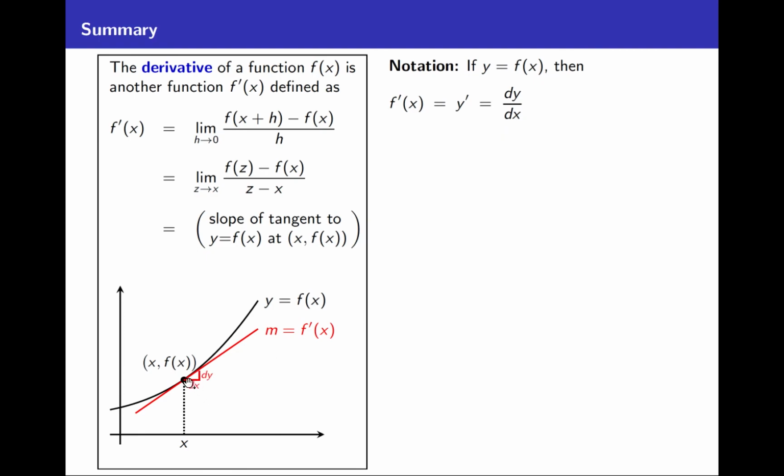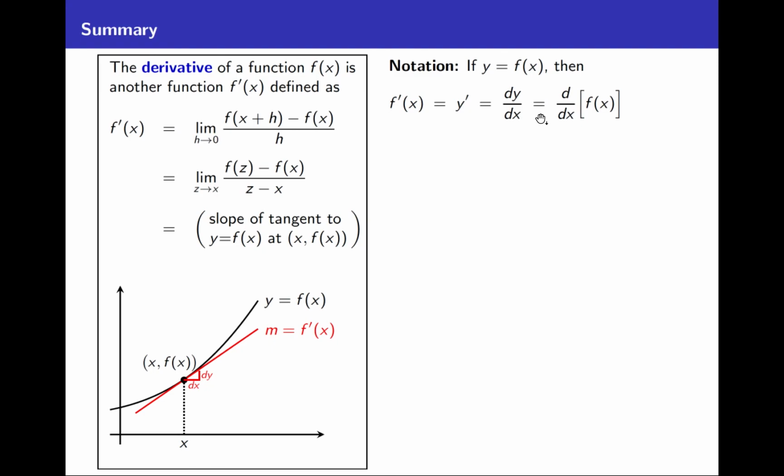If you imagine making a little rise over run triangle for your slope, for your tangent, and call the run dx and the rise dy, then dy divided by dx would be your slope m, f prime of x. So dy dx equals f prime of x. That's where the notation is coming from. And we'll have more to say about this notation later in the course, but for now just be aware that it just stands for the derivative.